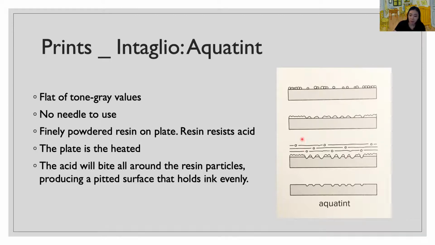The artist blocks the non-printing area with the ground and brush and dips the entire plate into the acid bath. Then the ground is removed and the plate is inked and printed. So let's see how the aquatint works through the video.